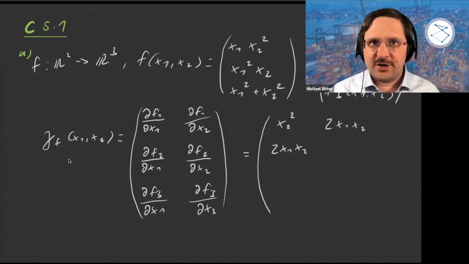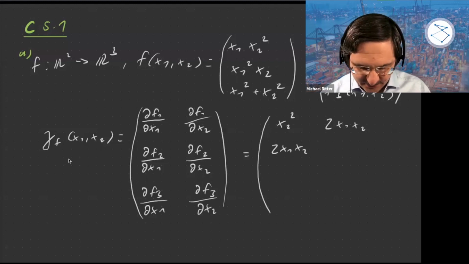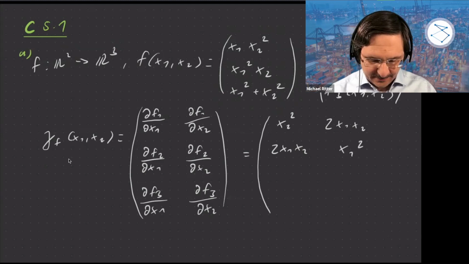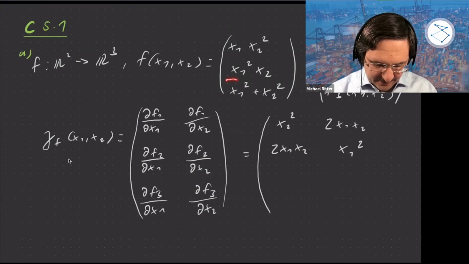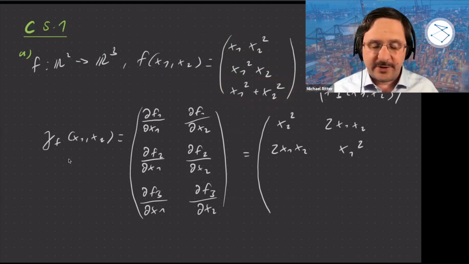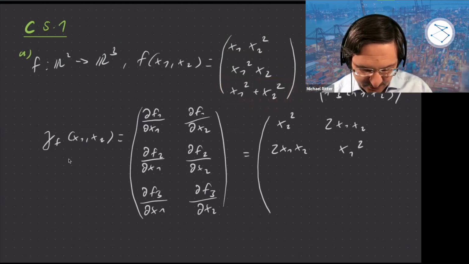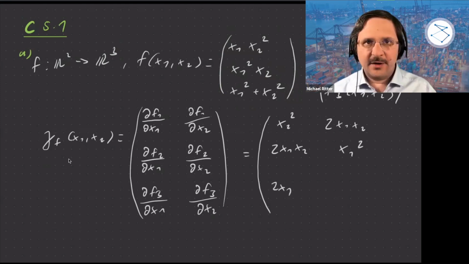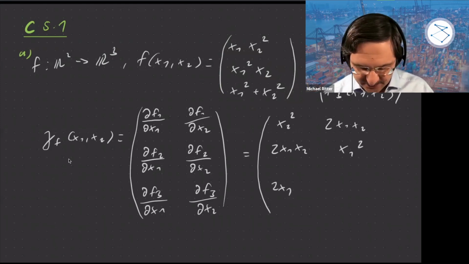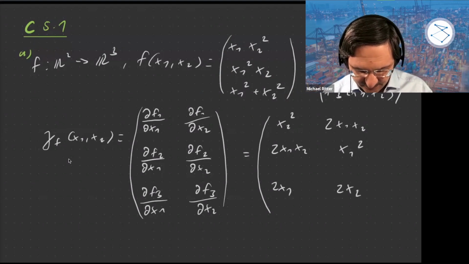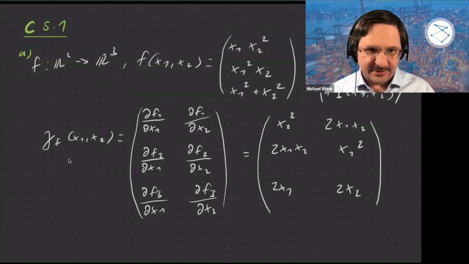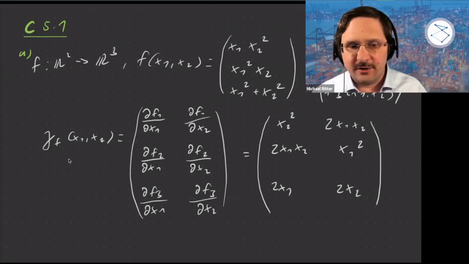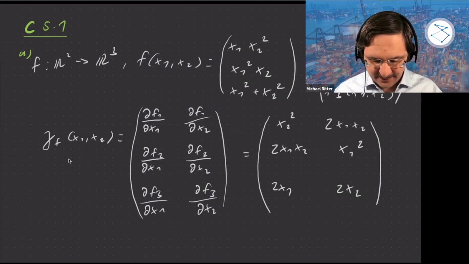And if we differentiate with respect to x2, then we get x1 squared. And now for the last row here, so x1 squared plus x2 squared, differentiating with respect to x1 yields 2x1. Differentiating with respect to x2 simply yields 2x2. So that is the Jacobian of that function f.